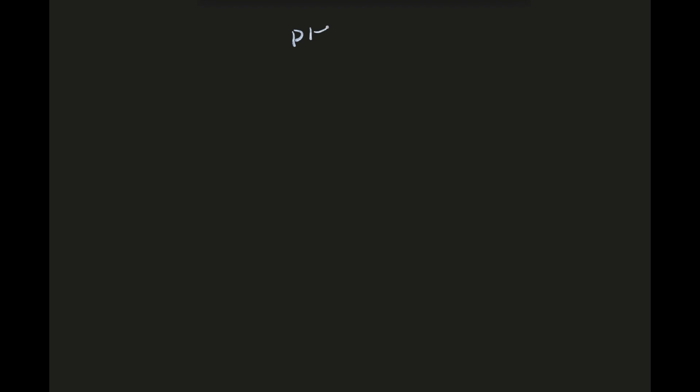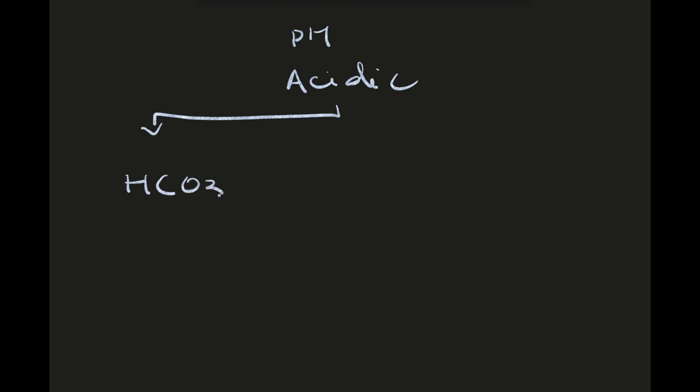Once you determine that the pH is acidic, you look towards the carbon dioxide and bicarbonate. If you find that bicarbonate is lower than the normal limit, then it might be acidic. The compensation will start with carbon dioxide, PCO2.